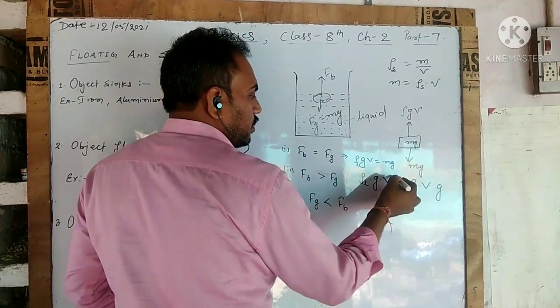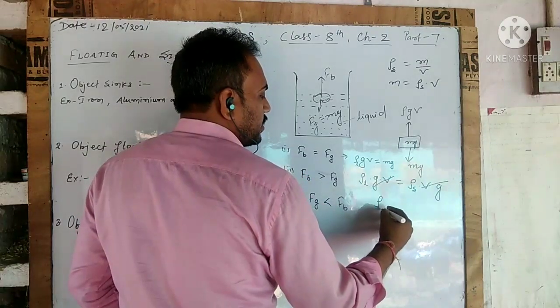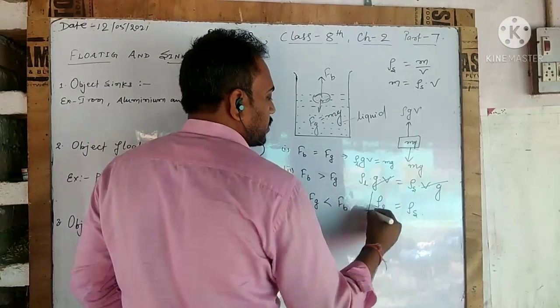So gV will cancel out. Density of liquid will be equal to density of substance.